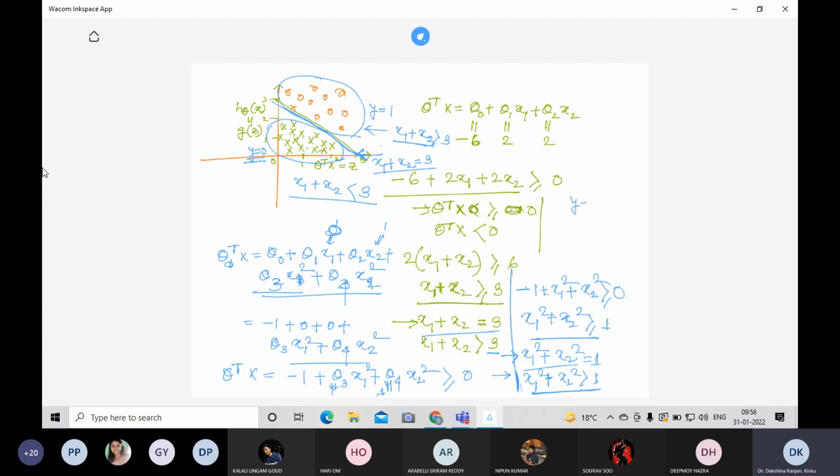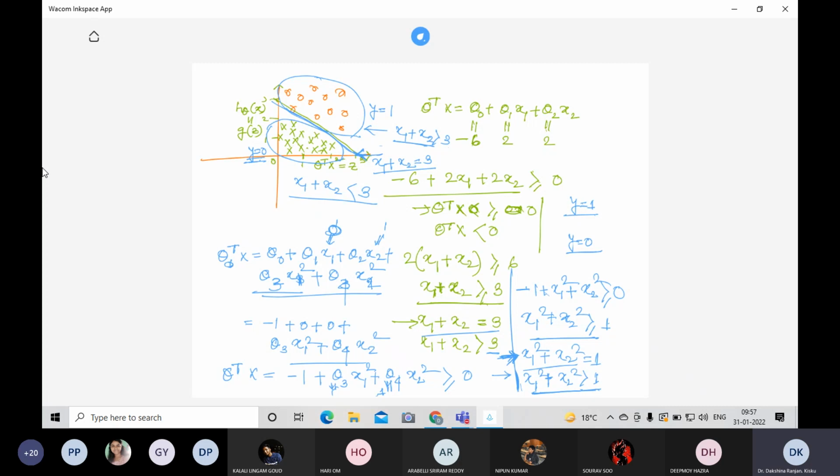That is, we can say that y equals 1, or we can label those data points y equals 1, and those points which lie inside the circle will have the class label y equals 0. So from this decision boundary we can infer the decision about the class label of the data point.